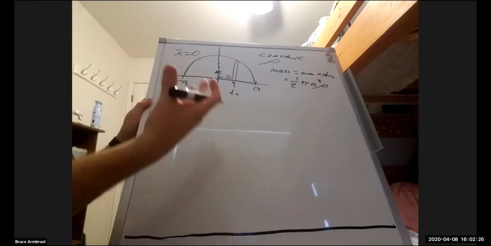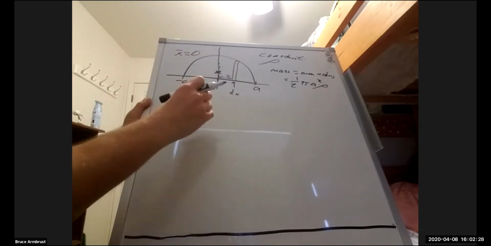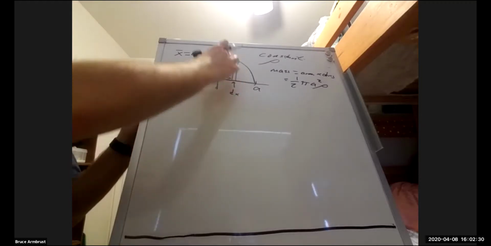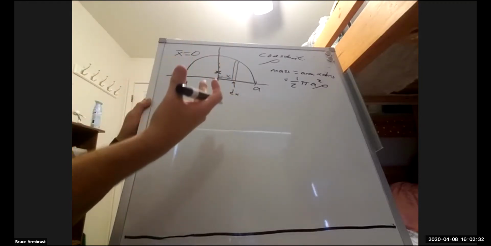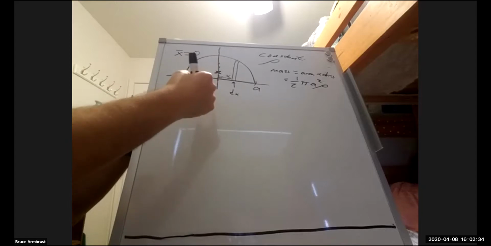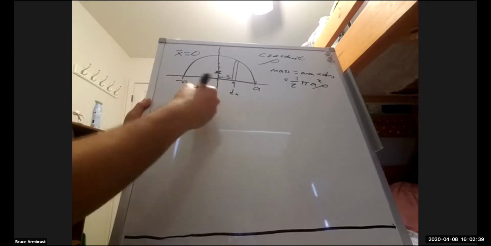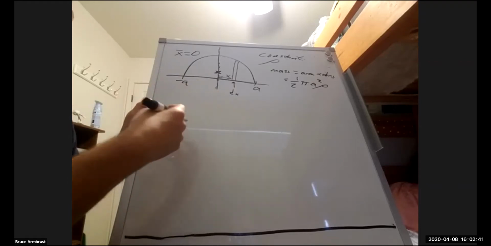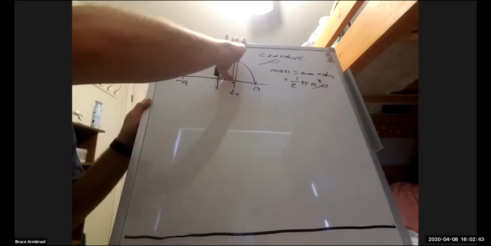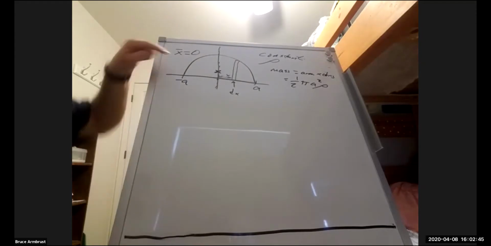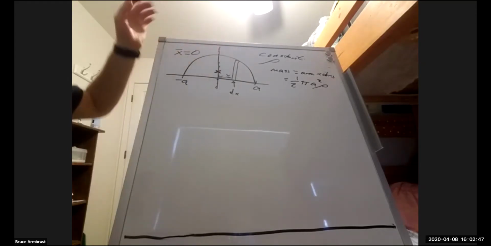What we want is distance times mass. The mass of that strip is found the same way: its area times its density. To do that, we have to figure out how high it is, and that comes from the formula for the semicircle.